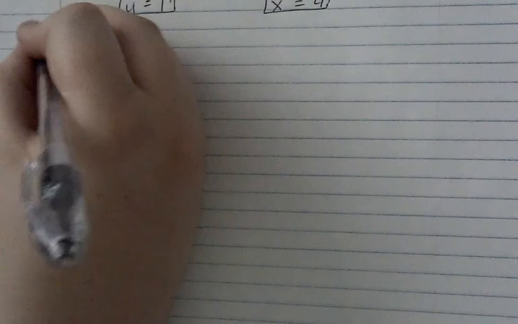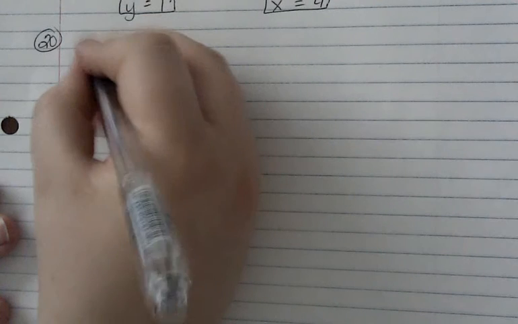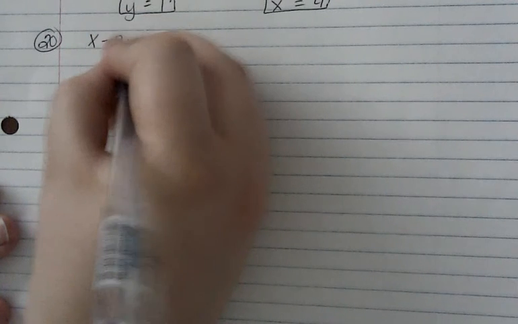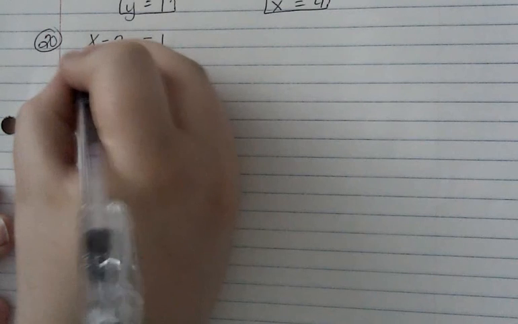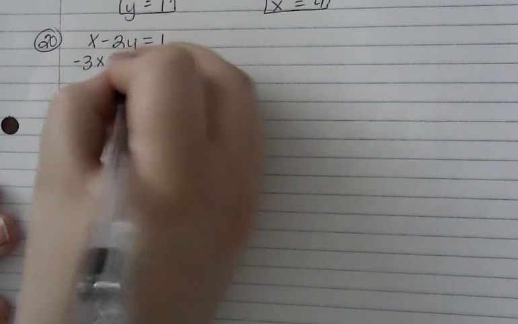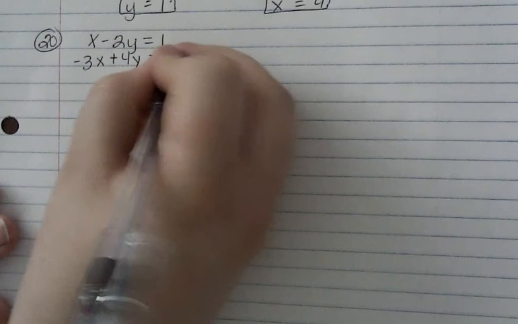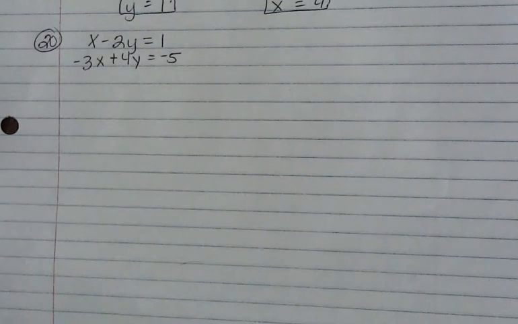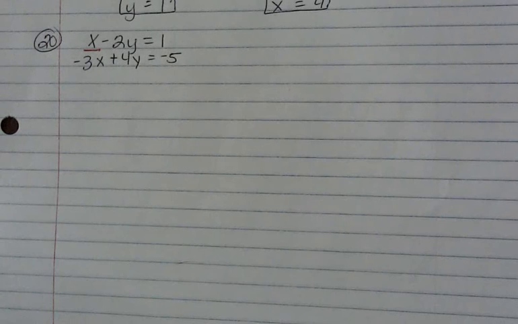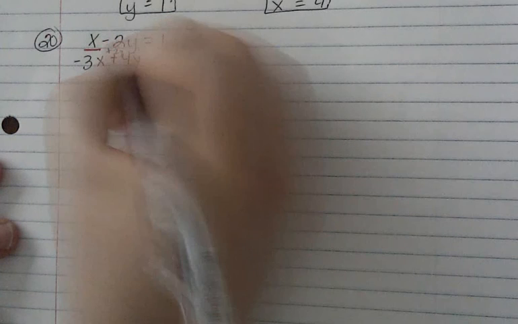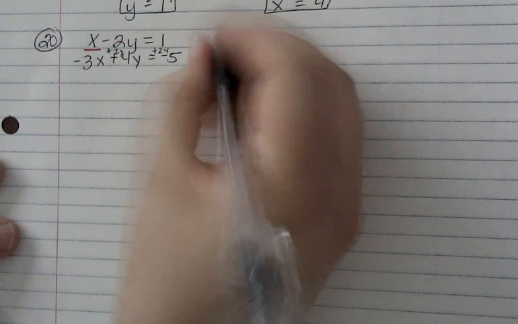Number 20, x minus 2y equals 1. Negative 3x plus 4y equals negative 5. So I'm going to get this x by itself. So that would be adding 2y to each side to get that x by itself.